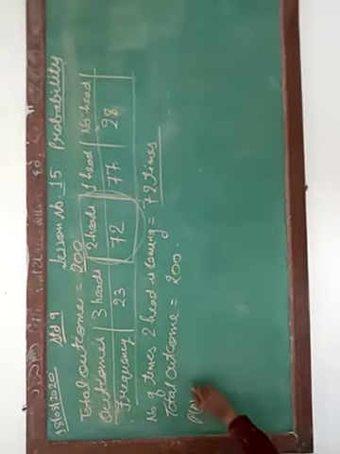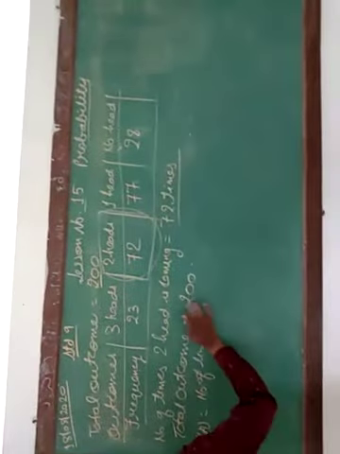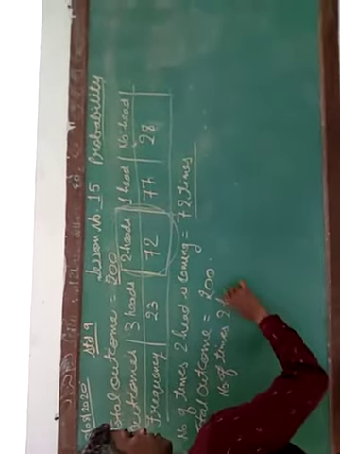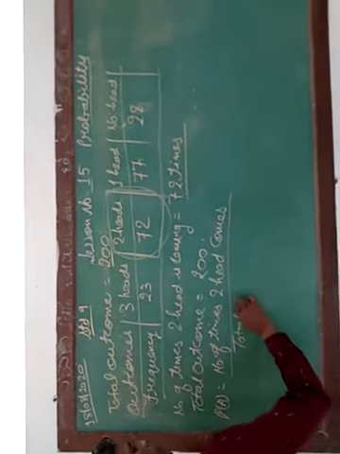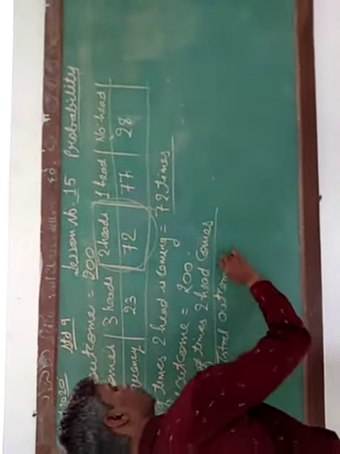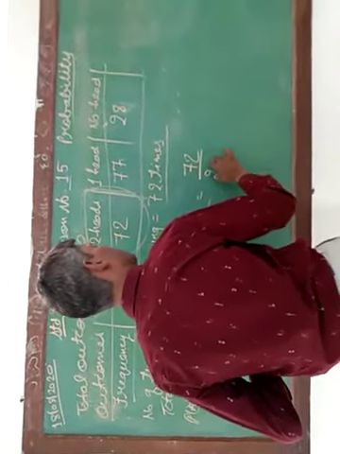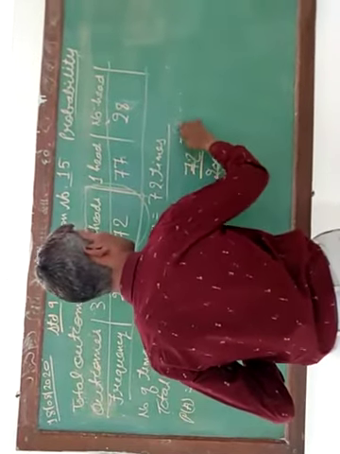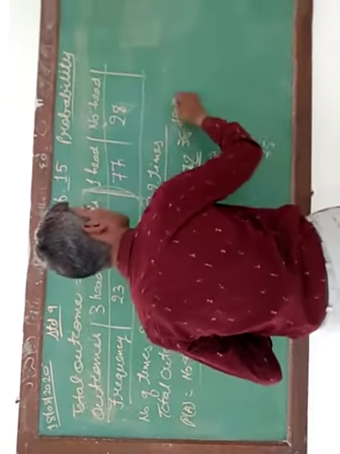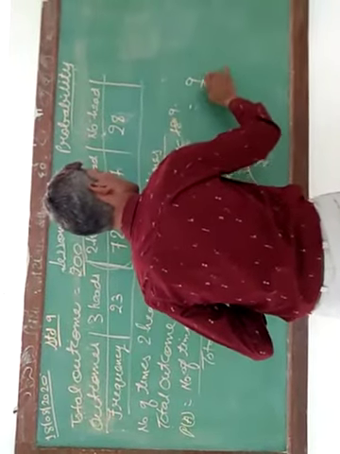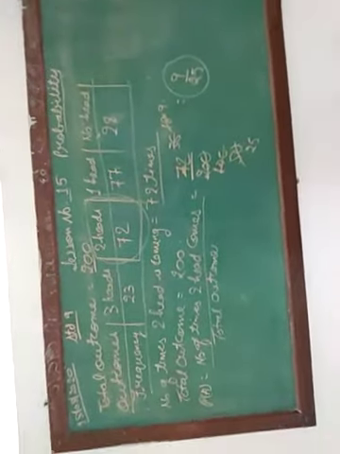So the probability is the number of times 2 heads come upon the total outcome, 72 upon 200. 2 hundreds are 2 36, 2 18s, 2 50s, 2 25s, 2 9s, so 9 upon 25. This is the probability of 2 heads coming in this event.